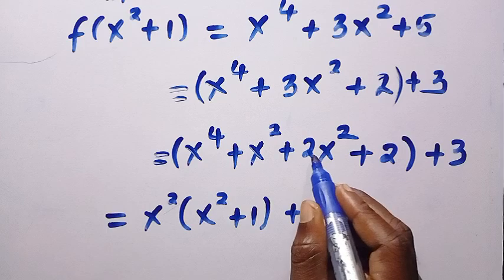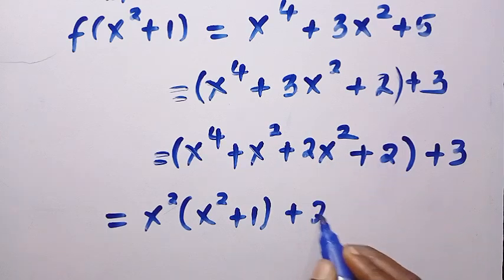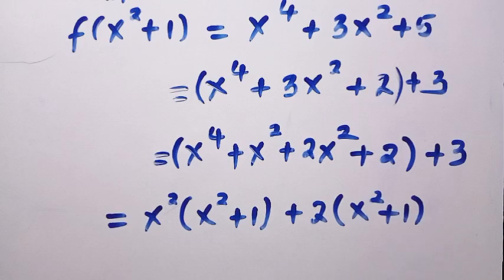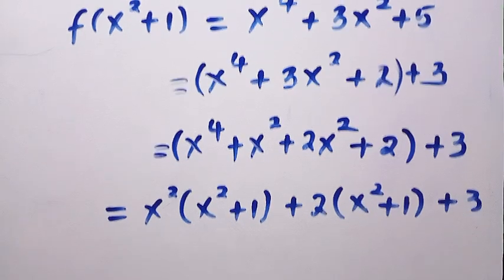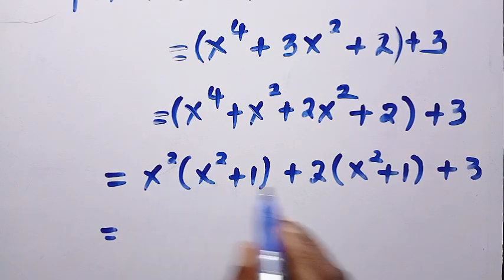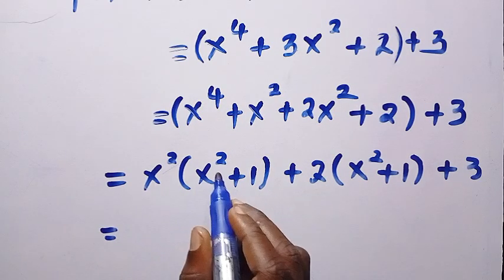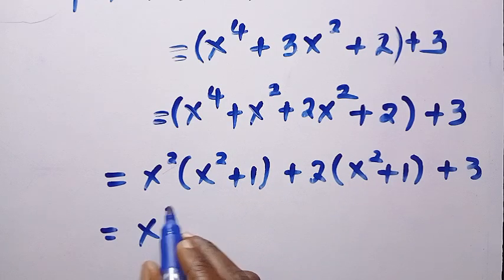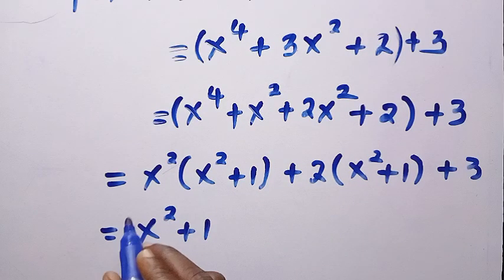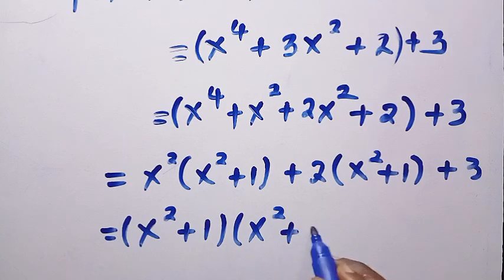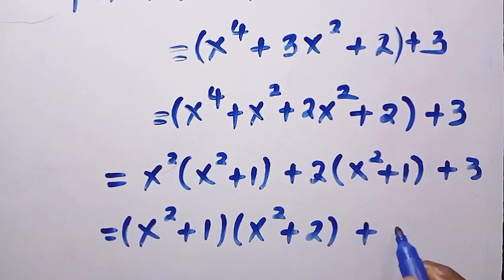And also plus, when we take out 2, we have 2 times the bracket x squared plus 1. Then we have plus 3 outside. So by combining, we take out x squared plus 1, multiplied by x squared plus 2, and here is plus 3.